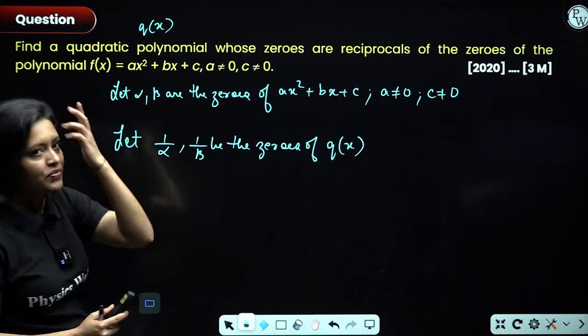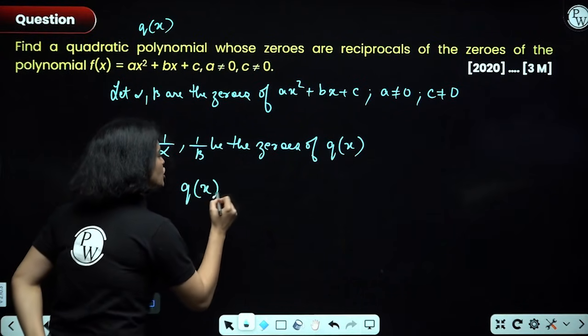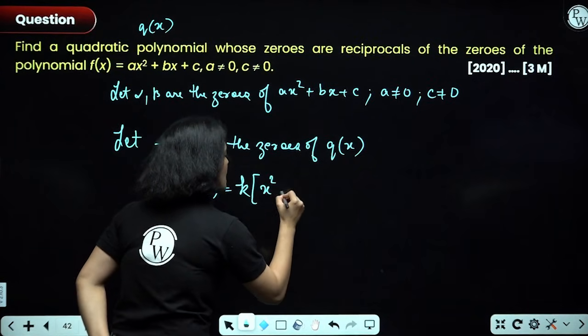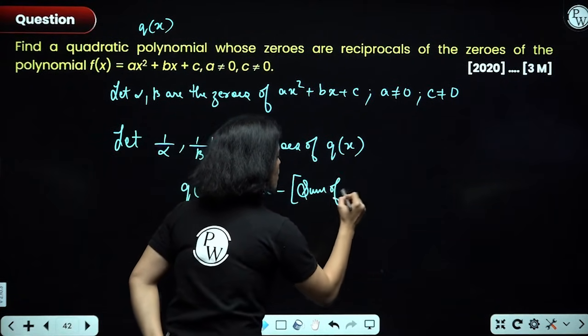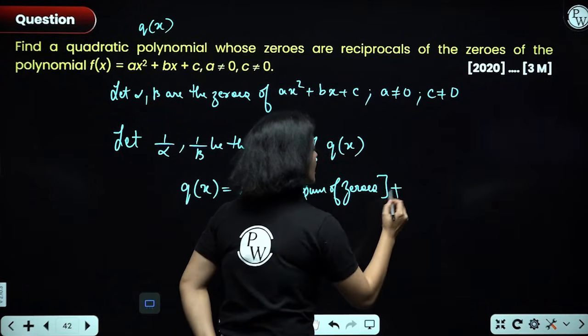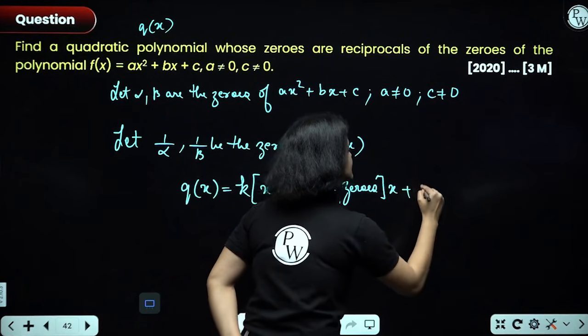Okay, so now q(x) would be equal to what, everyone? Let's pay attention. q(x) would be equal to k times x² minus (sum of zeros) times x plus product of zeros.